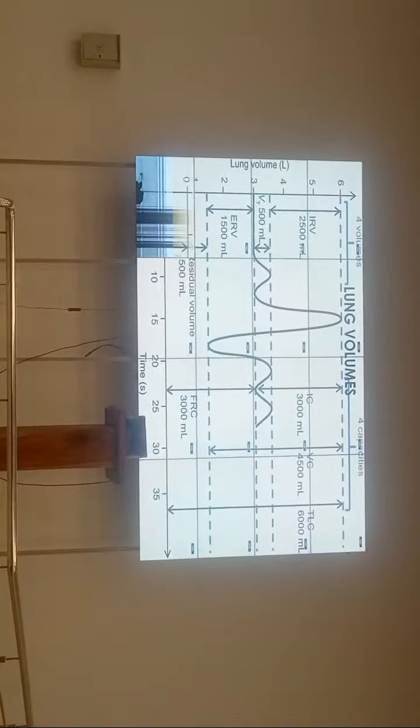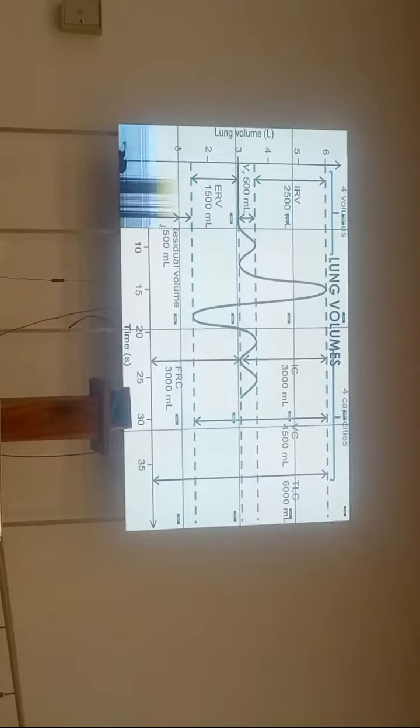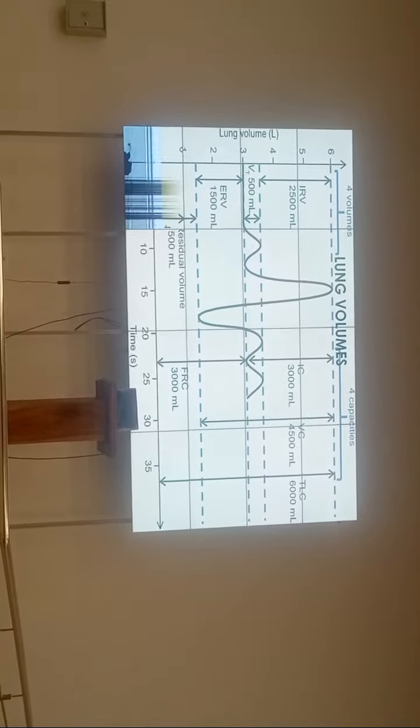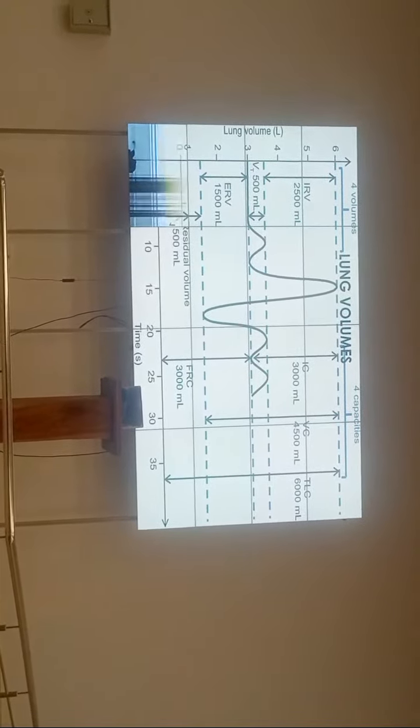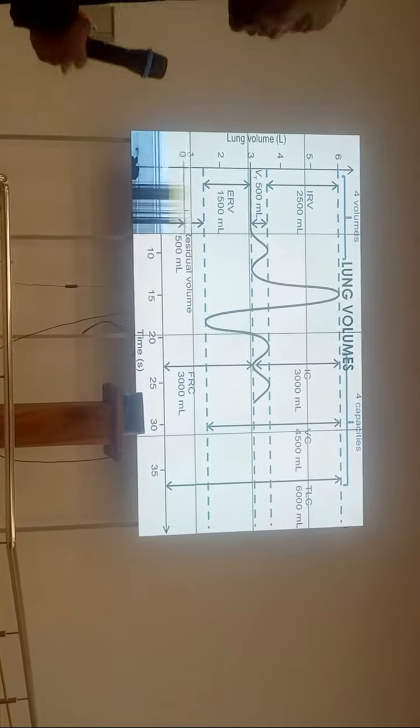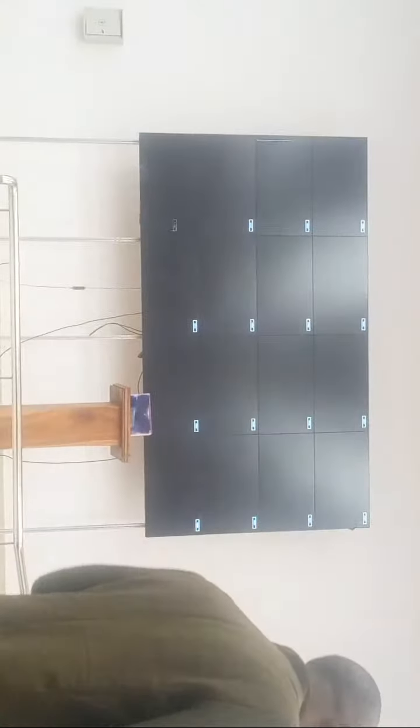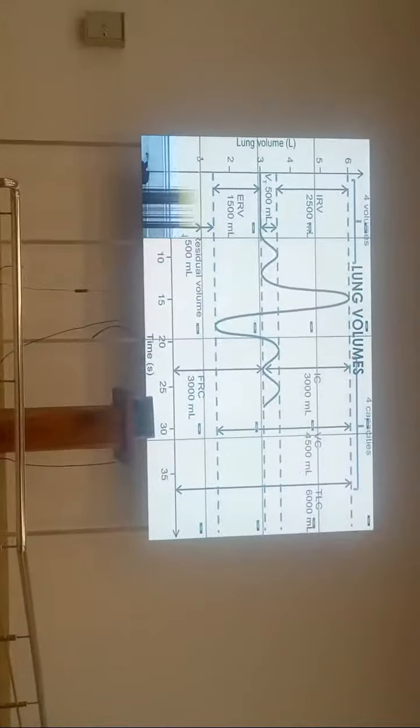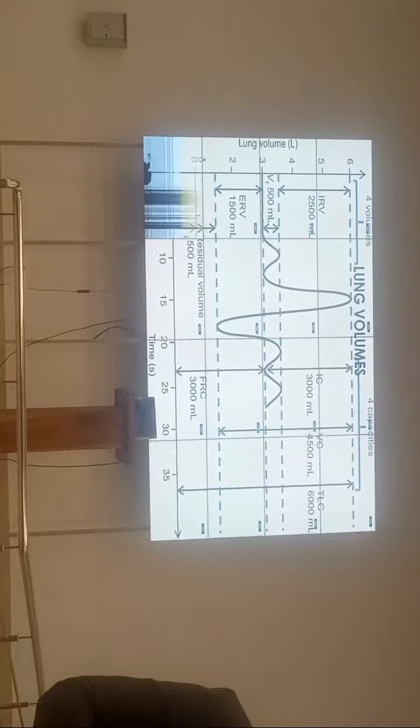And this capacity is approximately, like I said, depending on the book you read, some people say 3,000, other people put it at 4,000. Inspiratory capacity simply means the inspiratory reserve volume plus the tidal volume.